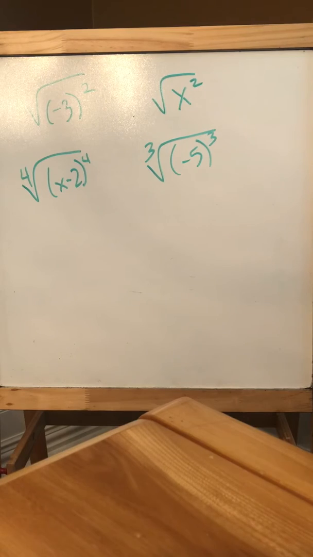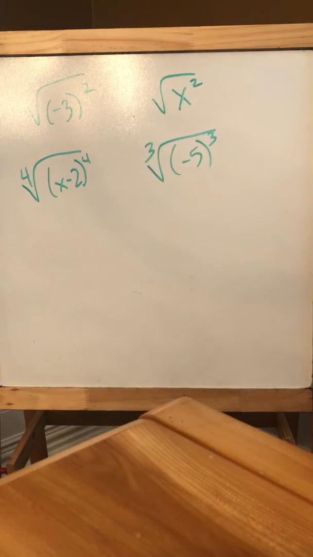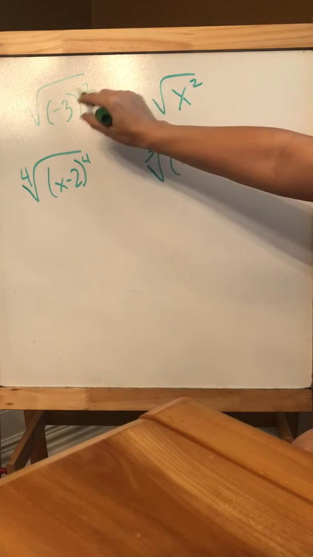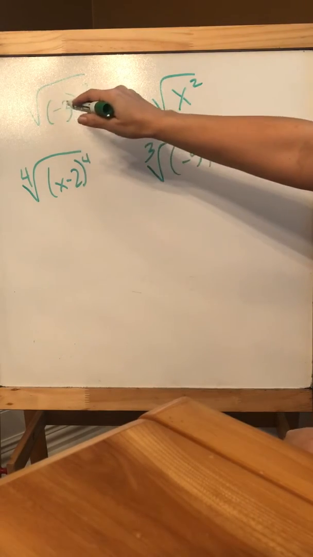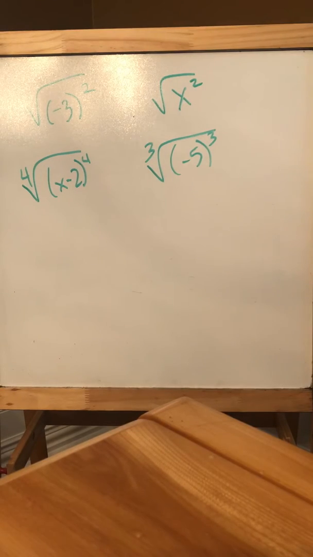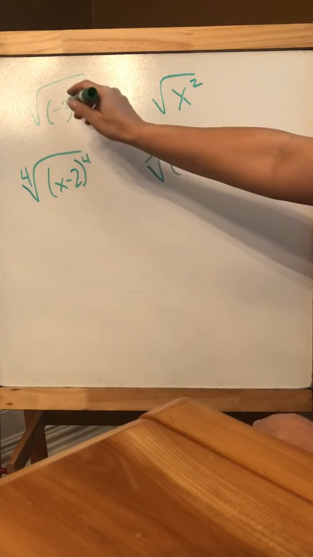Okay, so if we have the square root of -3 squared, what happens when you square -3? You get +9, and the square root of +9 is 3, right? But would you get the same answer if this was a positive number? You would. It would be the same answer.